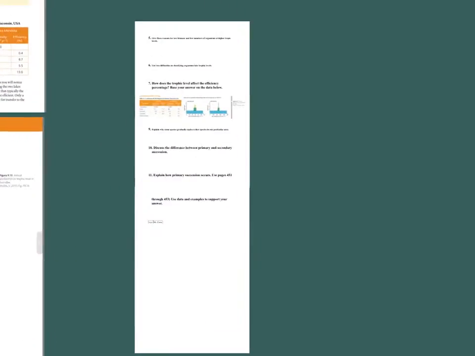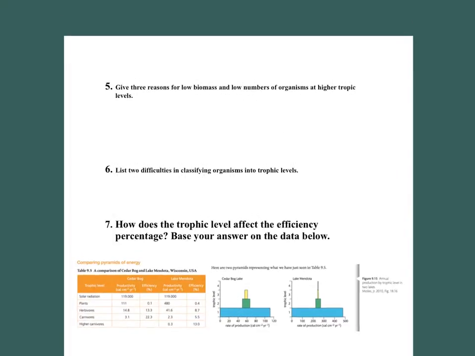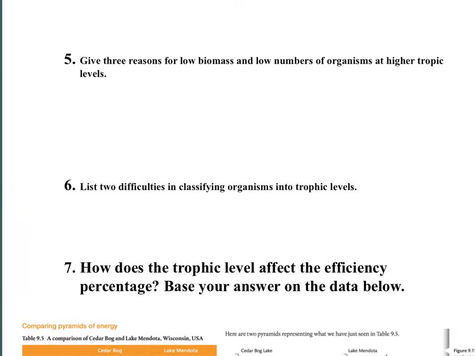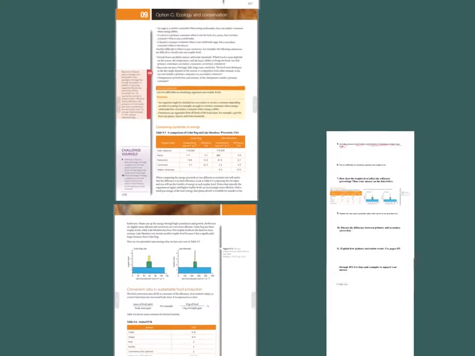Okay, there's only a couple more problems. So give 3 reasons for low biomass and low numbers of organisms at a higher trophic level. And that's straight from the textbook.